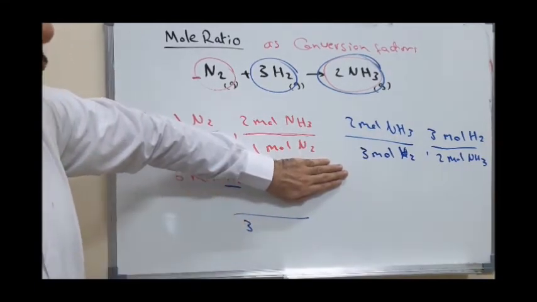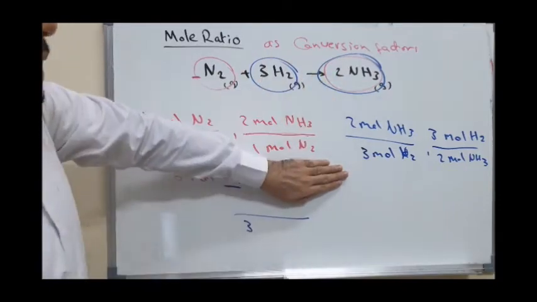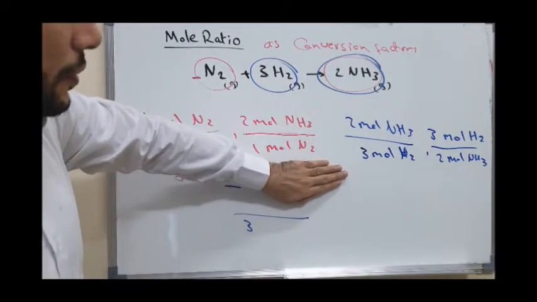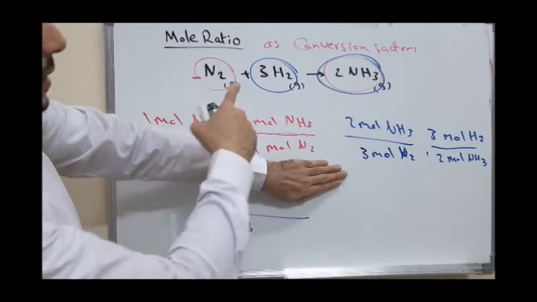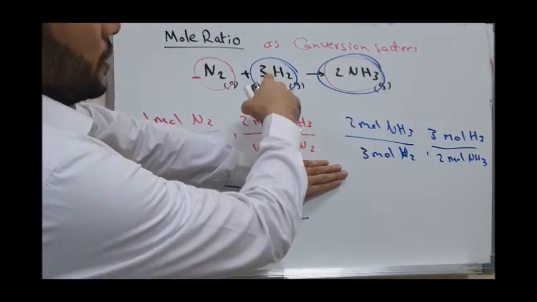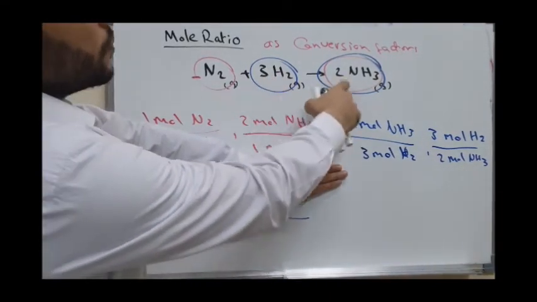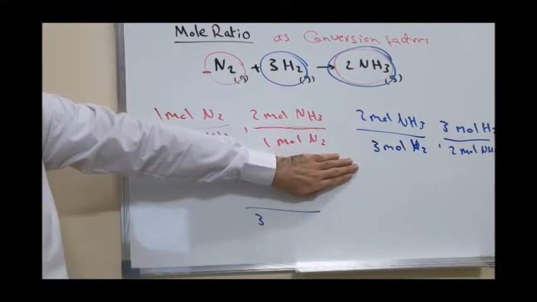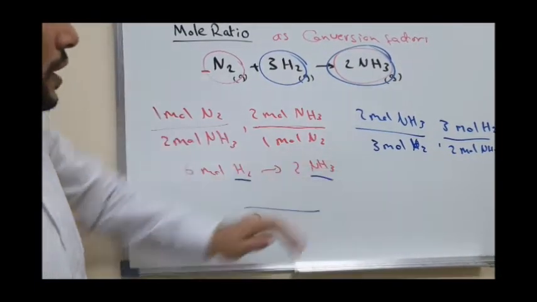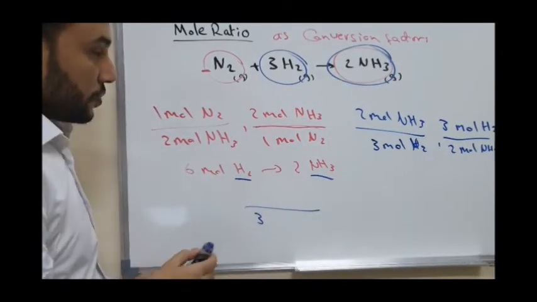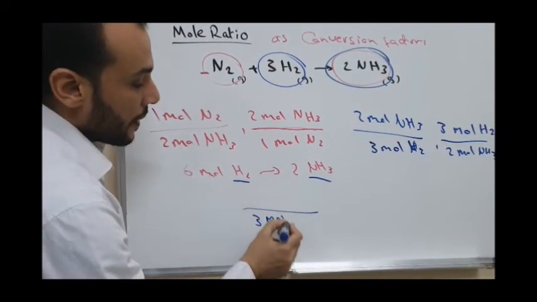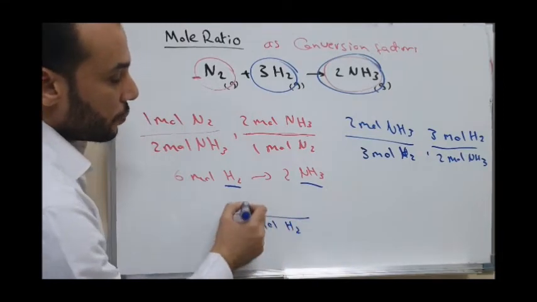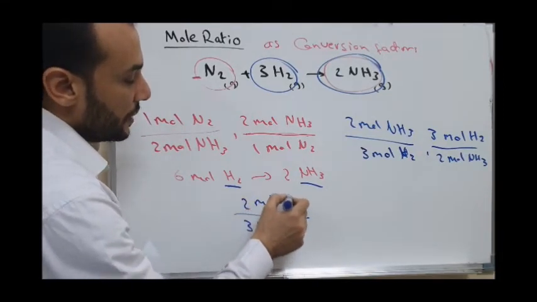If you want to conclude the conversion factor, look at the balanced chemical equation. If we know hydrogen and we don't know ammonia, hydrogen will be in the denominator and ammonia will be in the numerator, and we have 3 moles of hydrogen to produce 2 moles of ammonia.